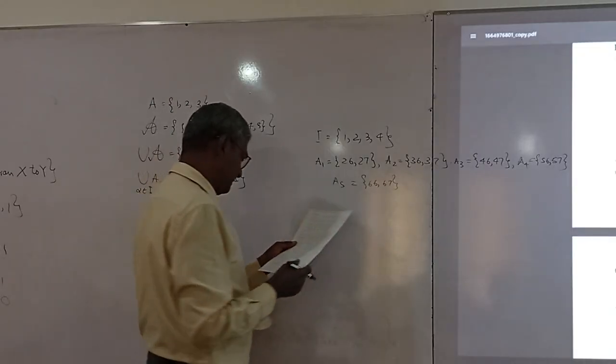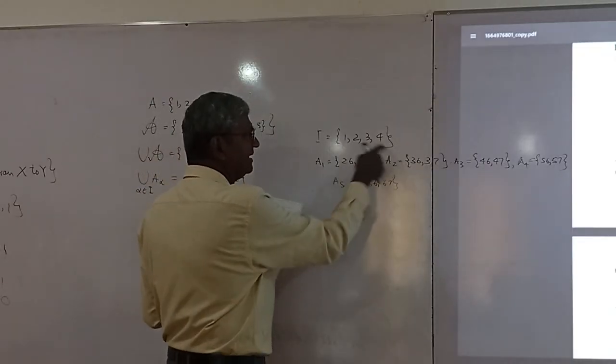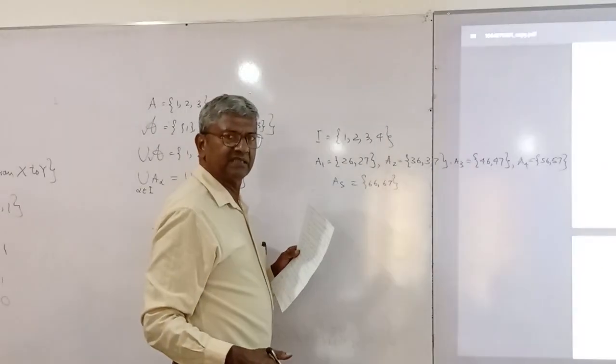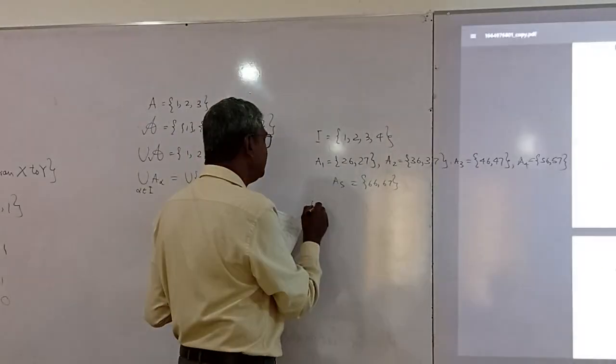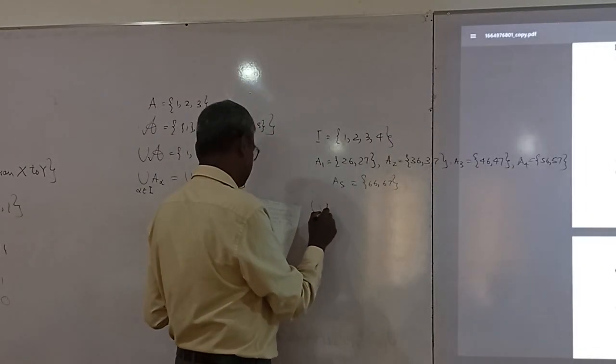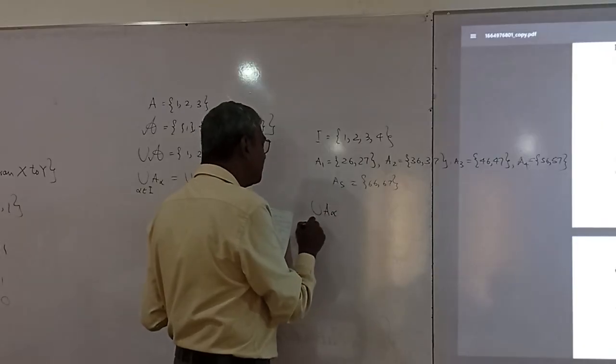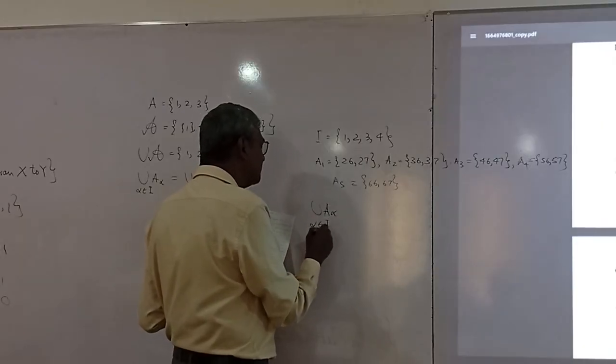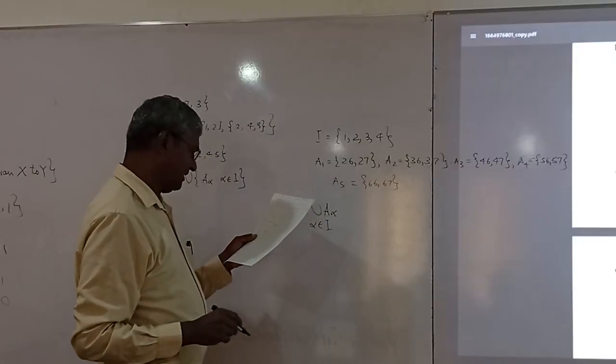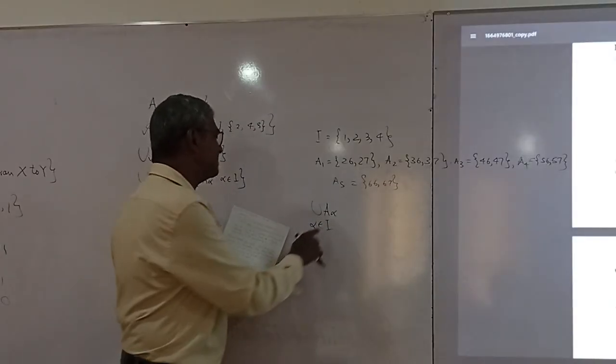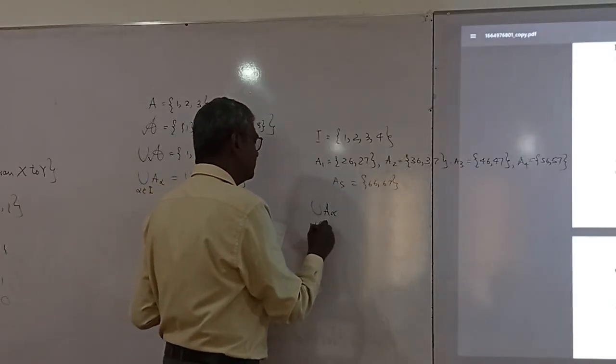But I want to write I is only a set consisting of 1, 2, 3, 4. Then the union of A alpha, alpha belongs to I. Can you see here? I is 1, 2, 3, 4.